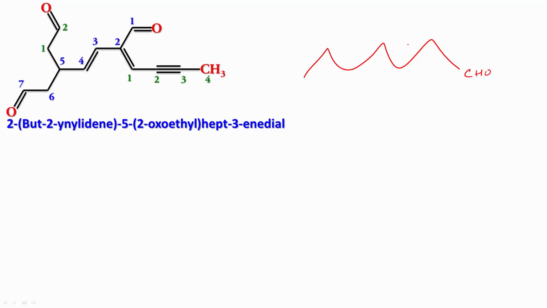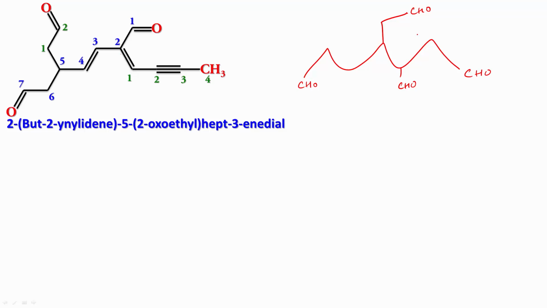CHO directly attached, CHO directly attached, CHO directly attached, and there is one CHO not directly attached. So look for that chain that contains the maximum number of CHOs directly attached. And if there are more than one such chains, maximum number of multiple bonds, and then maximum number of carbon atoms, and so on.